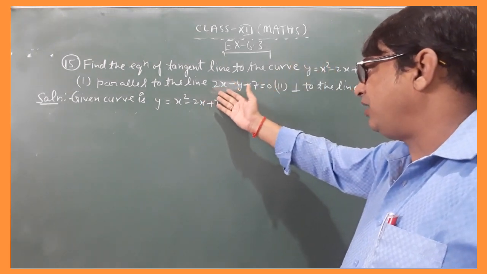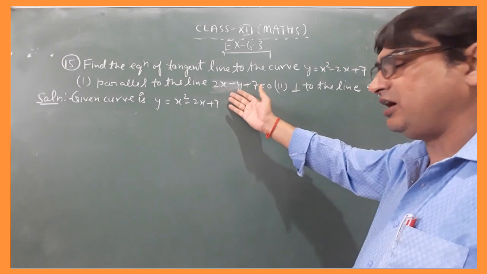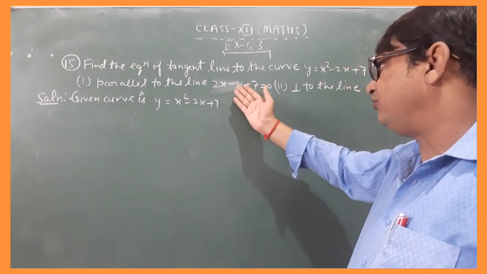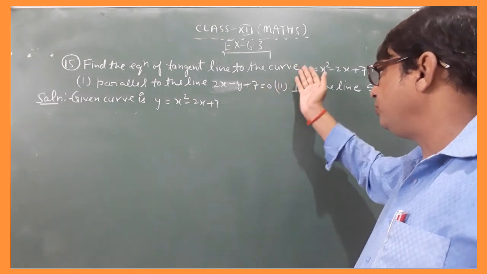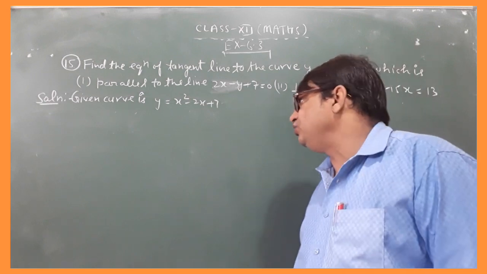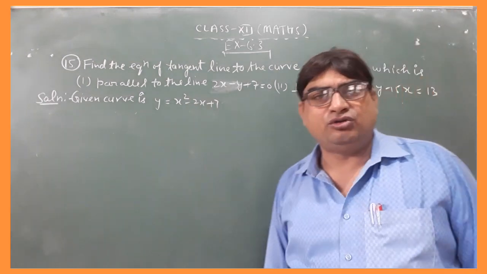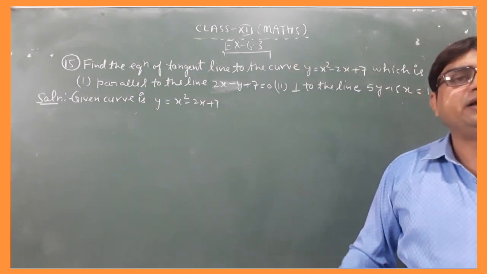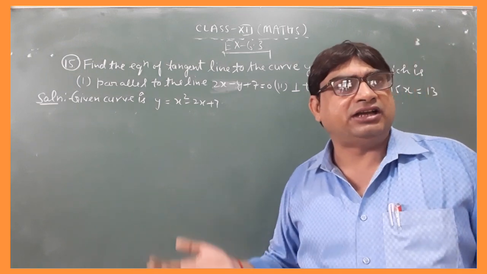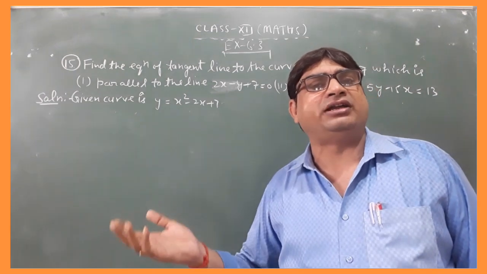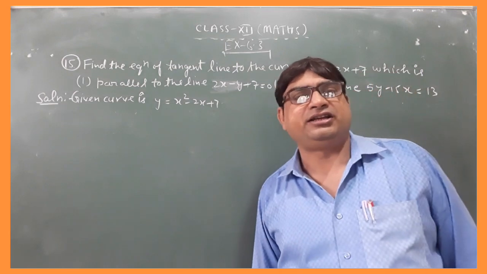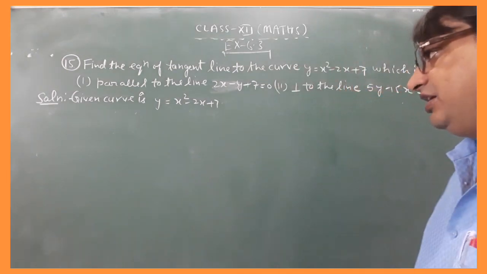With the help of minus coefficient of x upon coefficient of y we get the slope of the line. Equate both slopes and we get the value of x. Putting the value of x in the given curve we get the value of y. Then putting the values of x1, y1 in the equation of tangent y minus y1 is equal to m times x minus x1, we get the required solution. Student, let us try to solve.